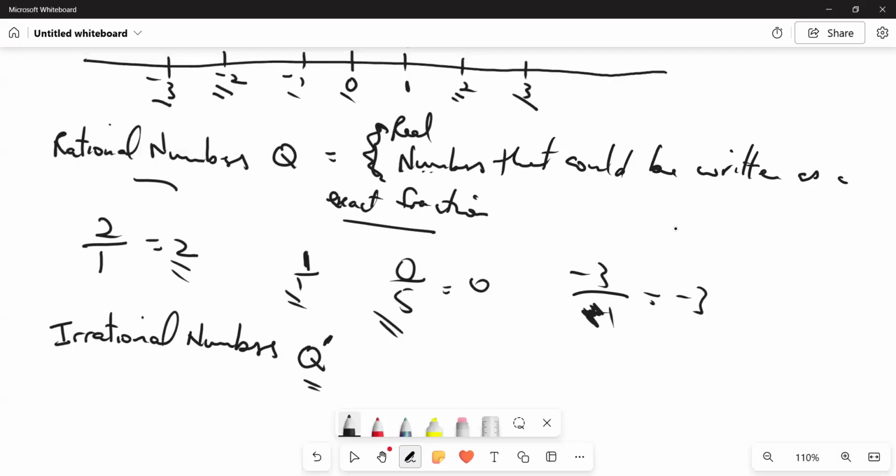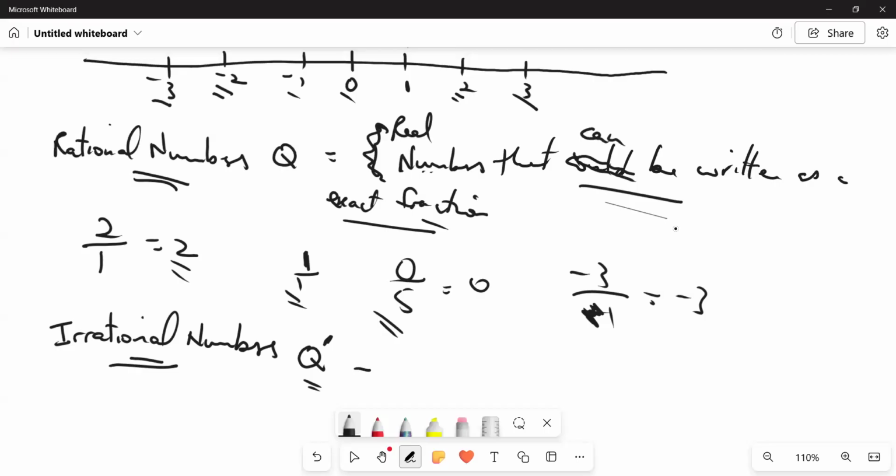Where were we? Yes. What irrational numbers are shouldn't be hard, because if rational numbers are numbers that could be written as a fraction, then irrational numbers, I can change this word for the sake of this definition. Numbers that can, let me use the words can be written.